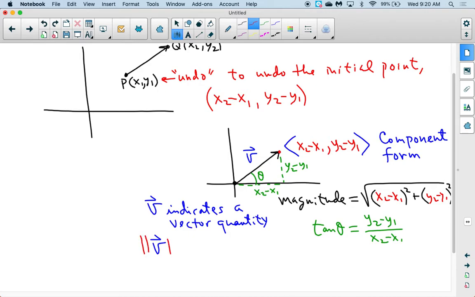So this is the common way to denote the magnitude of v. And one more thing I'll mention: theta here is the direction, in this case called the direction angle.